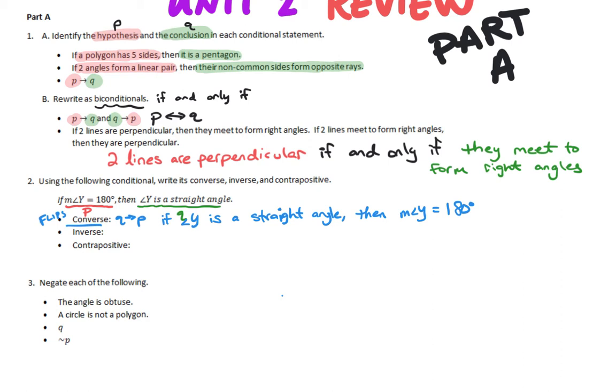Now the inverse is going to do something a little different. The inverse negates. That's the magic word for this one: negates. Negate means to say the opposite of each piece.